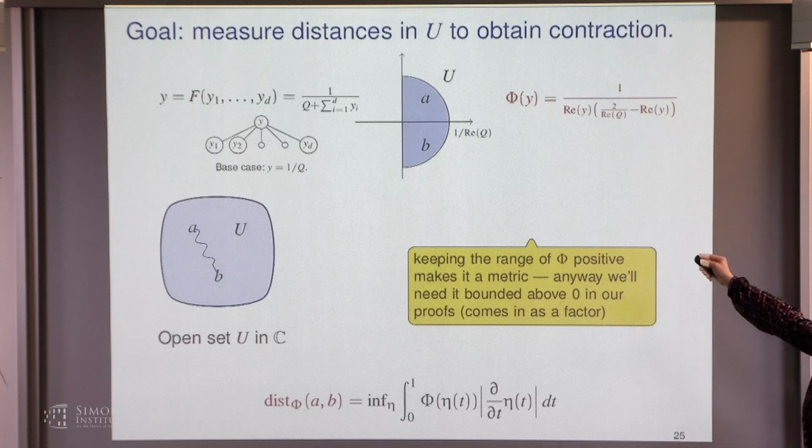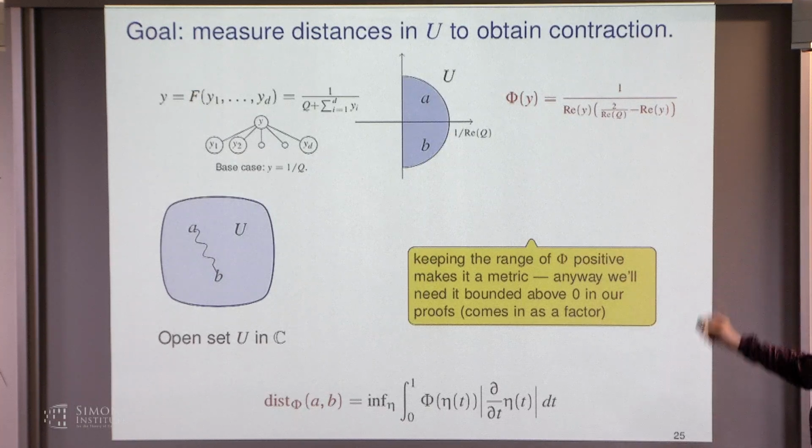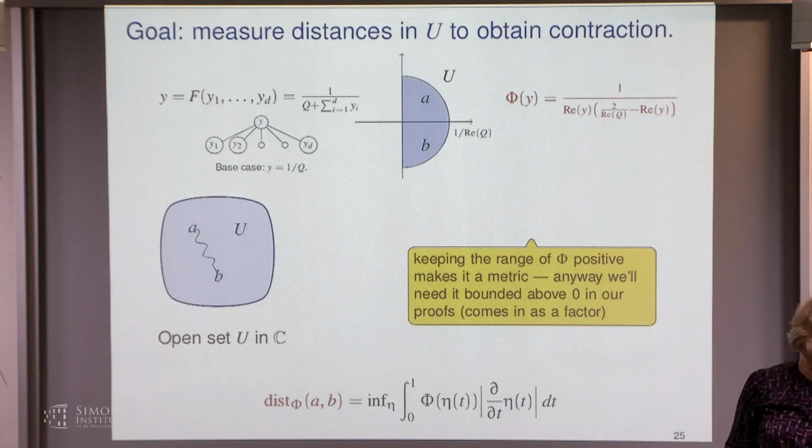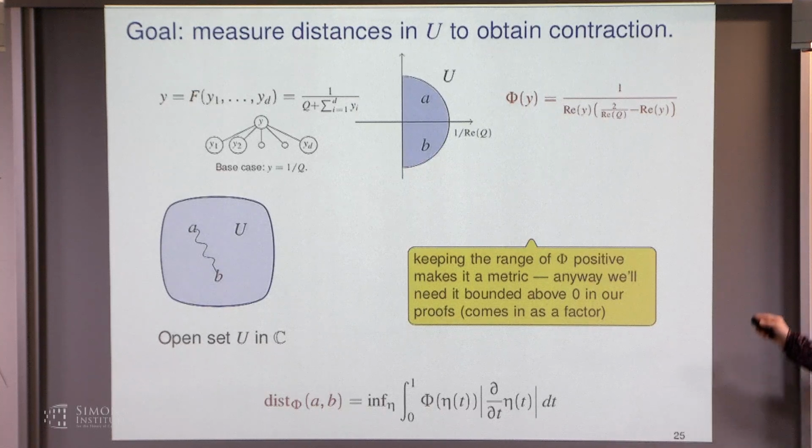So what do we choose? The potential function phi that we choose is the derivative of this map applied to the messages. Essentially, if you remember 1 over x times 2 minus x, it's like that, but working on the real parts.